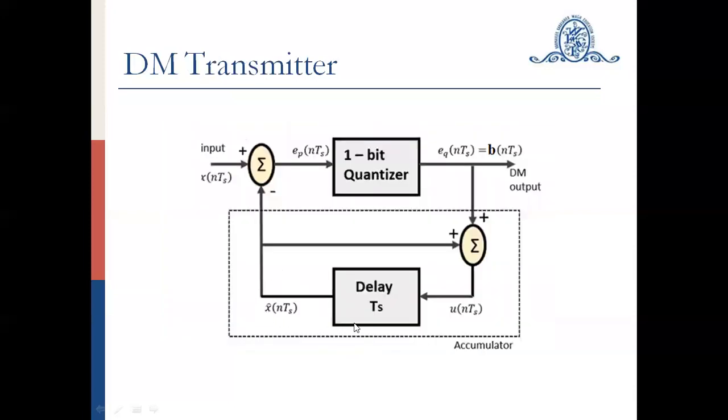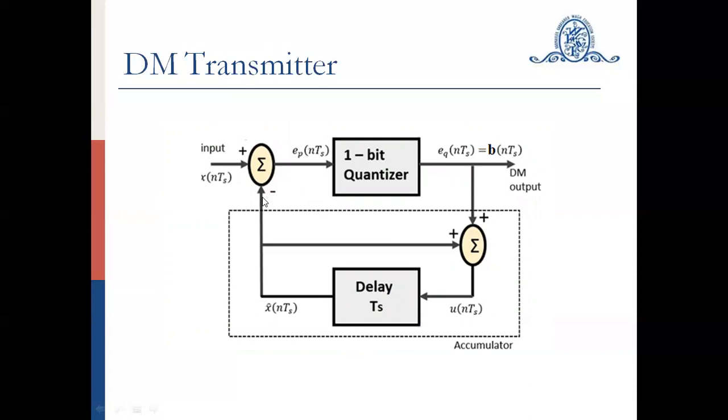Now let us see the delta modulator transmitter, what it consists of. It consists of a 1-bit quantizer and a delay block. The input signal x of nTs is applied to the summer circuitry, and you get the error, because this signal will be compared against the reference signal.